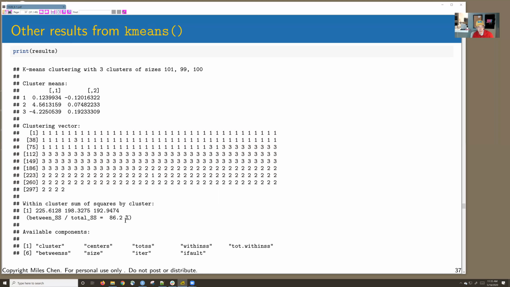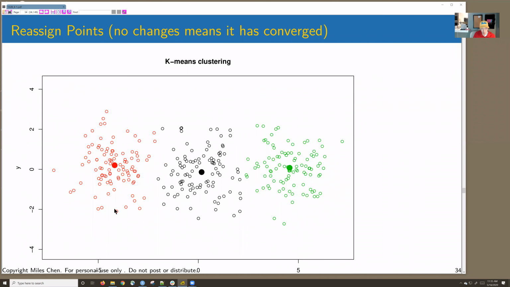Another thing to look at is this. It's sort of like an R² value. Think of the total sum of squares, and in some kind of linear model, you have the between sum of squares and the within, or residual, sum of squares, and basically the between plus the within add up to the total. What we're trying to do is minimize the sum of squares within a cluster, which is basically the distance from every point to its centroid, versus the total sum of squares.